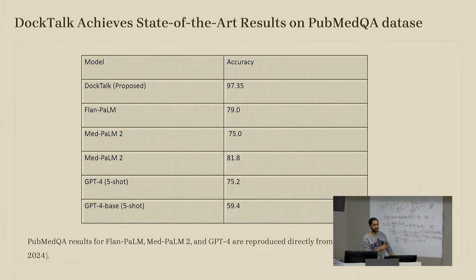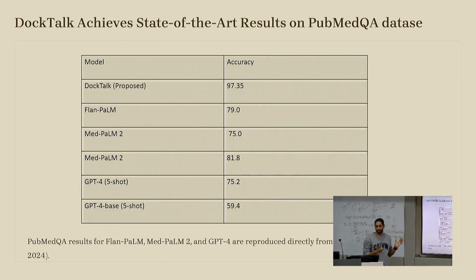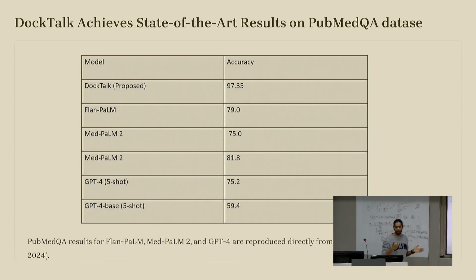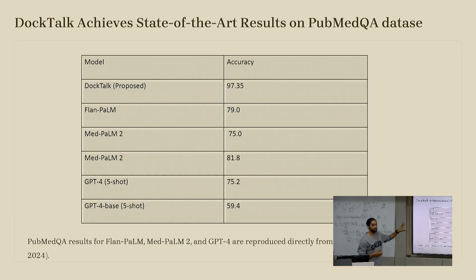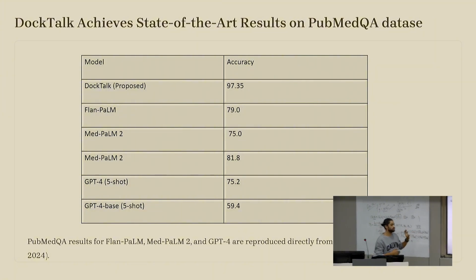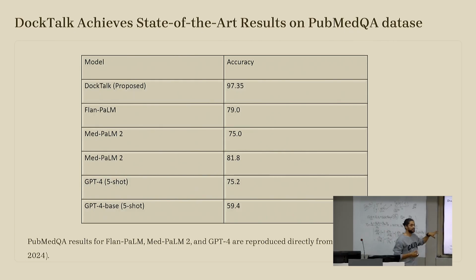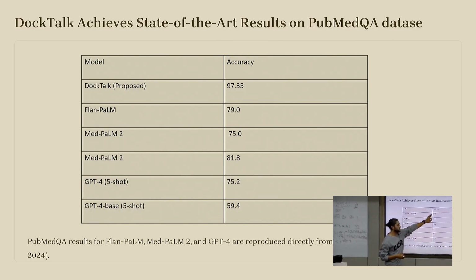Now this is the dataset. If anyone is working on LLMs for medical purposes, they know how good the MedQA dataset is. Many people use it for the state of the art, or if they want to compare their answers. That dataset has closed-ended questions, and you can clearly see my model got 97.35% accuracy, above all the models.